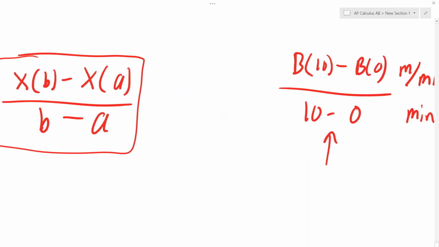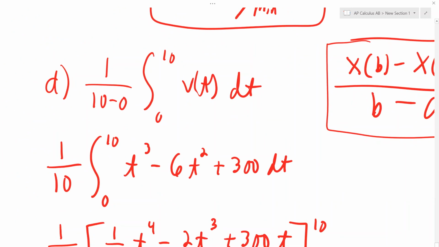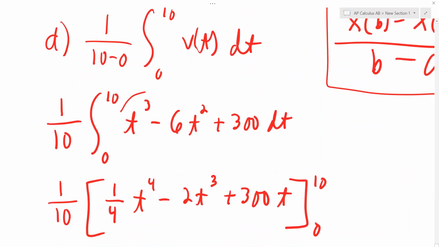Over here, when we do this integral, the units on this thing here are meters per minute, right? We're multiplying that by a dt. What are the units on change in time? Minutes, right? So what's meters per minute times minutes? It's just meters.